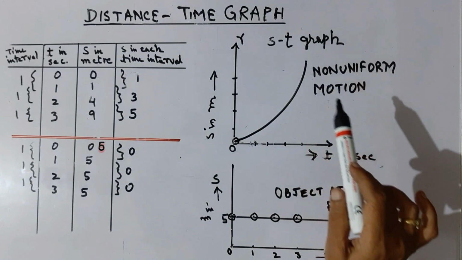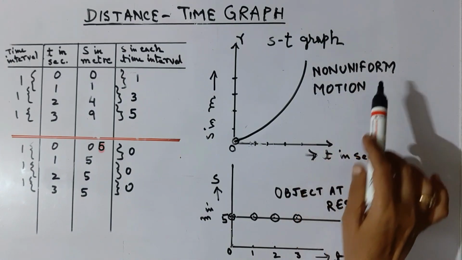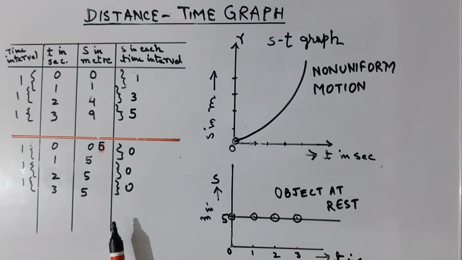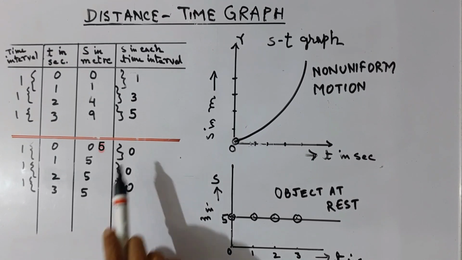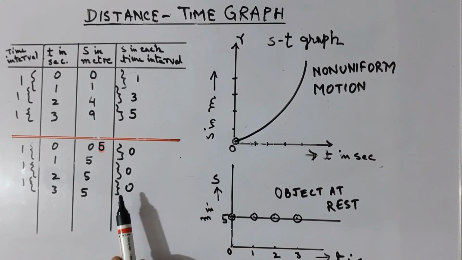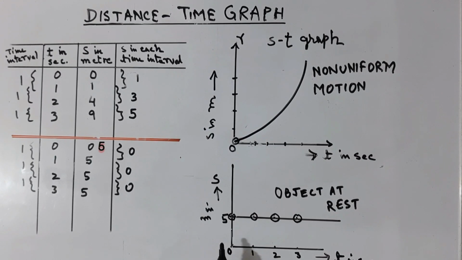It is a curve. Anyway, it is a non-uniform motion. In the fourth situation, we see that the distance travelled in each time interval is 0. Initially, when we started looking at the time, the object was already at a distance of 5 meters from the origin. But as the time passes, the distance travelled remains the same, that is 5 meters.